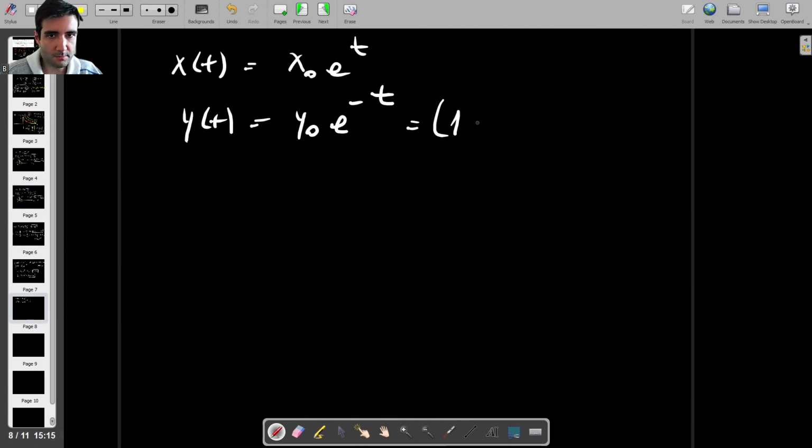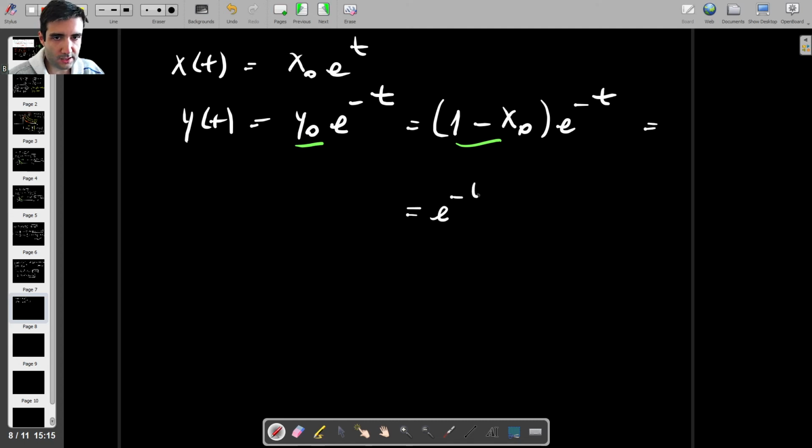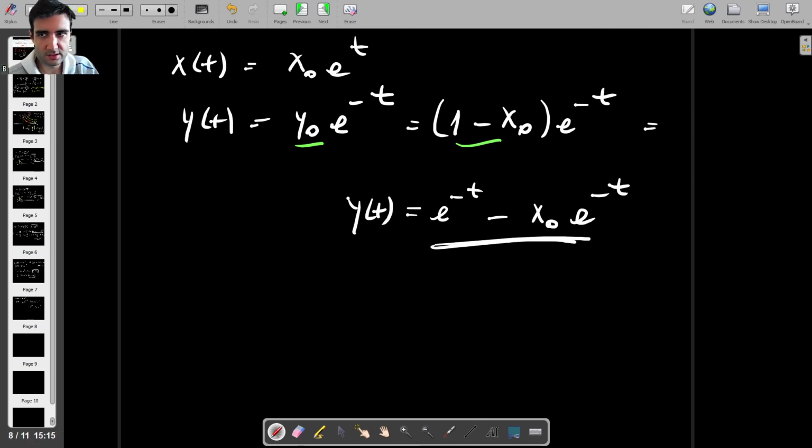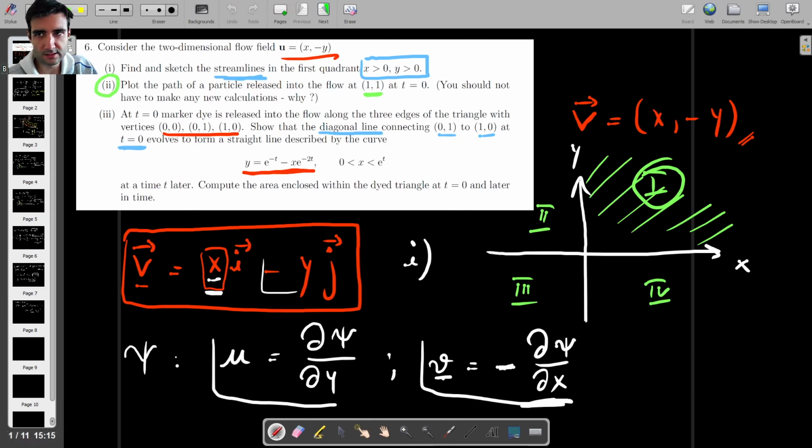So y of t is 1 minus x0, times e to the minus t, because the initial y's and x's were described by that straight line. So that is e to the minus t minus x0 e to the minus t, which is getting close to what we have to find, but it's not really the same thing.